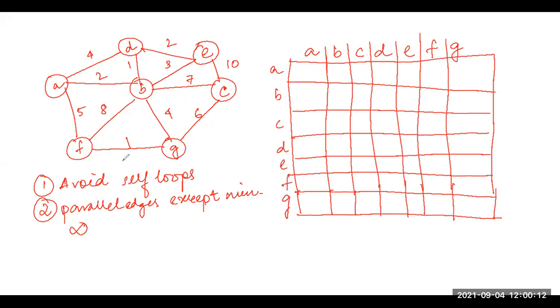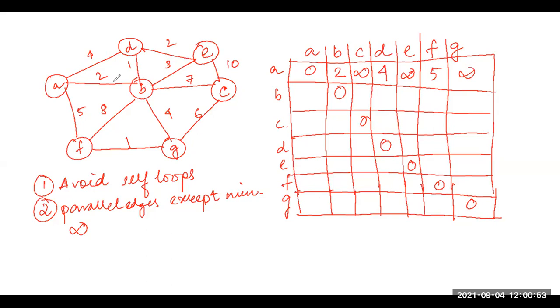Since we are avoiding self loops, any F to F, A to A, all these edges will not be there. So simply the diagonal elements will all be zeros, since A to A, B to B, C to C have no self loops. So we will simply put zeros, and next we will fill up the entire matrix. A to B, there is 2. A to C, no connection. So if there is no connection, infinity. Then A to D, the connection is there, 4. Then A to F, there is a connection with 5. And the other two have no connections. So like this, we will fill up the entire matrix.